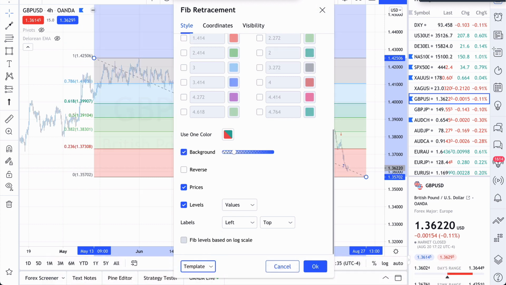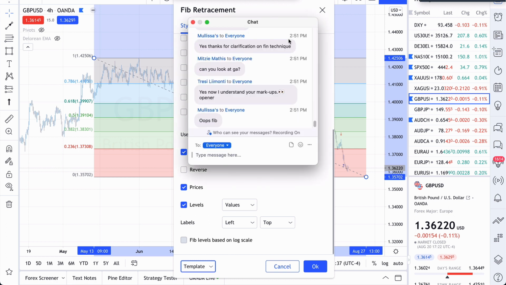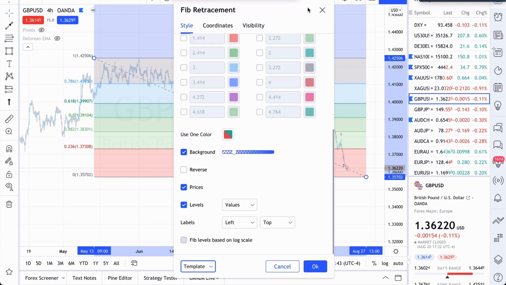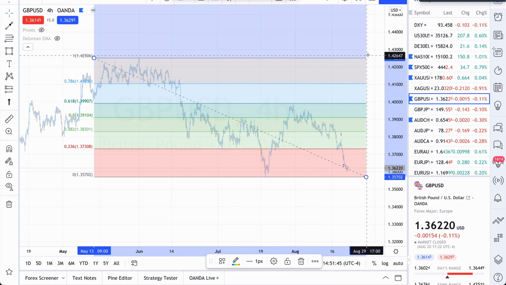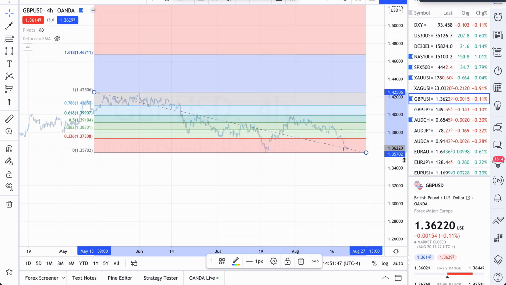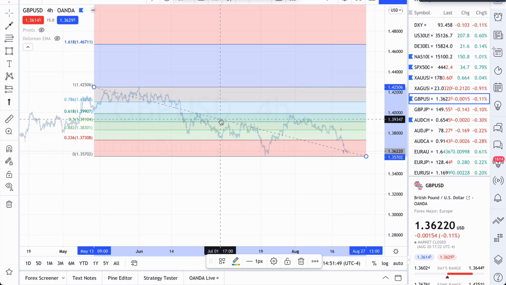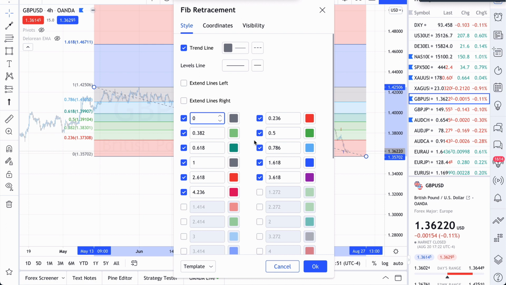All right, this is how it looks by default. You can double click on the trend line, it'll open the values. And you can literally type your own values, but I uncheck everything above 1.